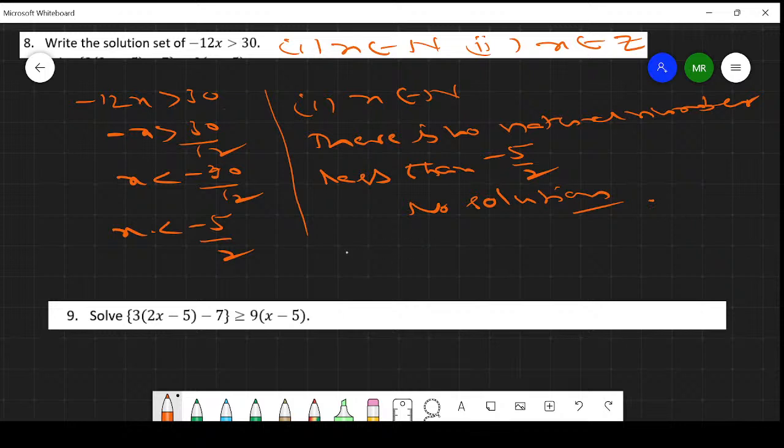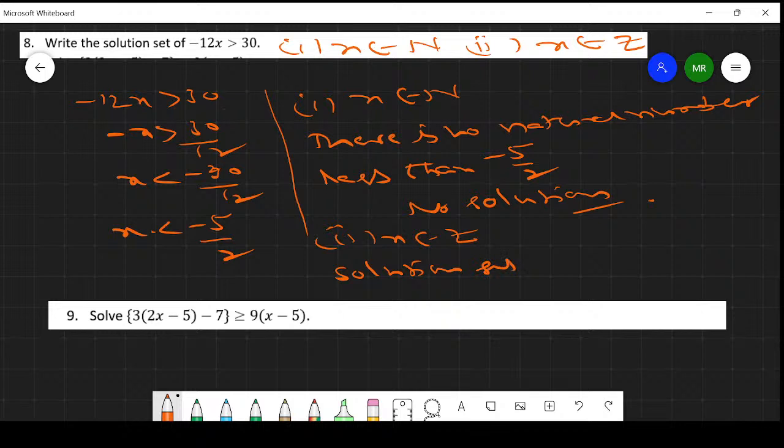Left of minus 5 by 2. Suppose the second case, they told x belongs to Z. Left of minus 2.5, automatically we will get the integers as the solution set here.